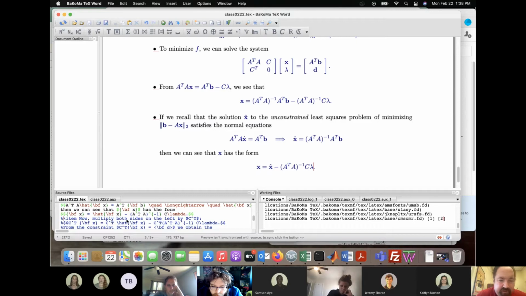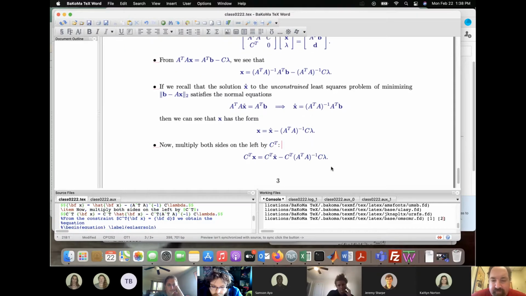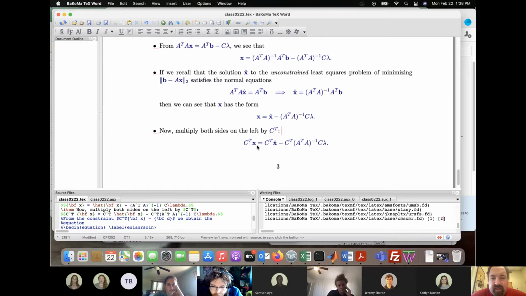So here's how I'm going to do that. I'm going to take this equation and multiply both sides by C transpose. But now I take into account my constraint. I know what C transpose x is. It's equal to d. So even though I don't know what x is yet, I do know what this is.